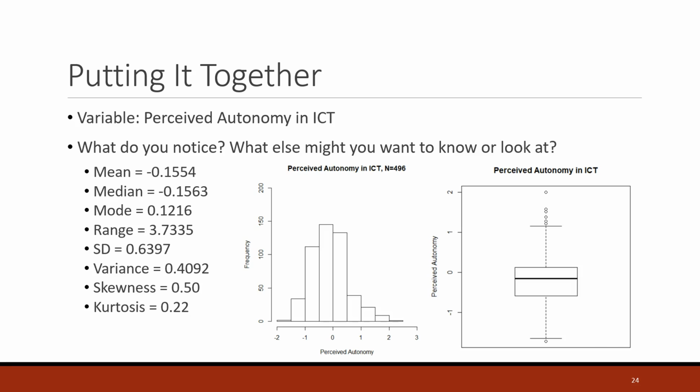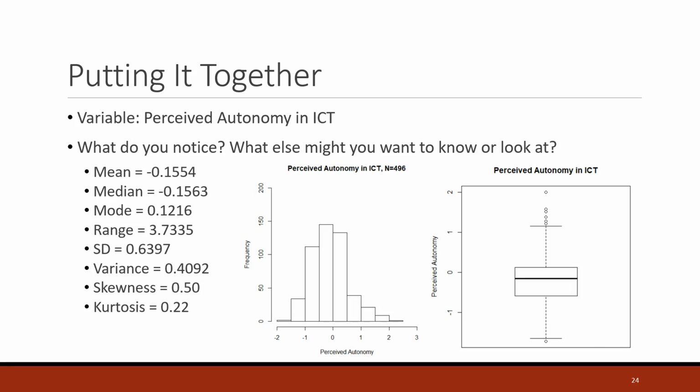We have the standard deviation and the variance there as well. And then we have skewness, which is positive, fairly small. So we have some slight positive skew, which we can also see in the histogram. We have a little bit of a tail drawn out on the right-hand side. And kurtosis is 0.22, so we have slightly heavier tails than a normal distribution.